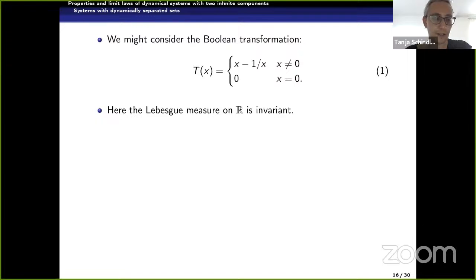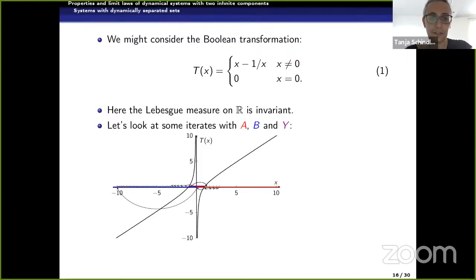So of course it has an infinite invariant measure. And if we look at some iterates, basically one always has to pass through this interval -1, 1 here. So if we start on the red set A, we iterate a couple of times, fall into the middle, and okay, well, I wanted to look at a little bit extreme case, so I did a lot of iterates.